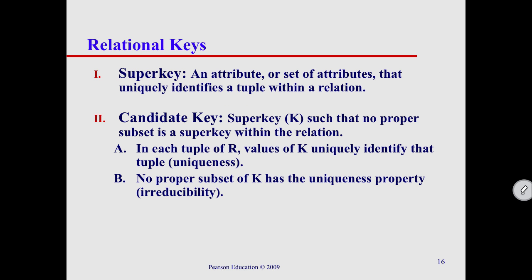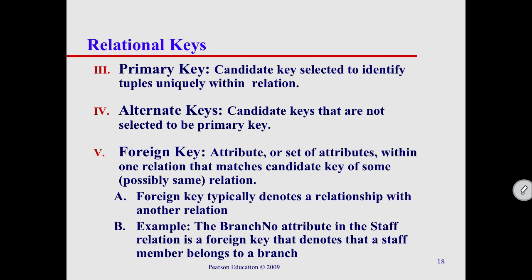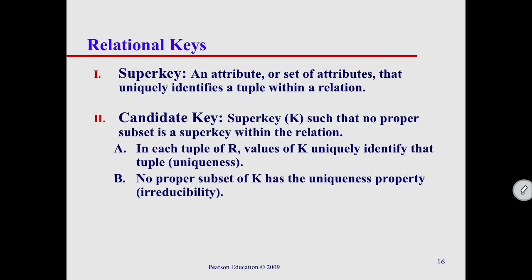We kind of went through keys earlier when we talked about primary keys and foreign keys. A primary key is a set of attributes that uniquely identifies each tuple within a relation, and it's the one chosen for that relation. There are a number of terms you'll hear for keys, and you need to know all of them. We start out with a super key, which is an attribute or set of attributes that uniquely identifies a tuple within a relation.